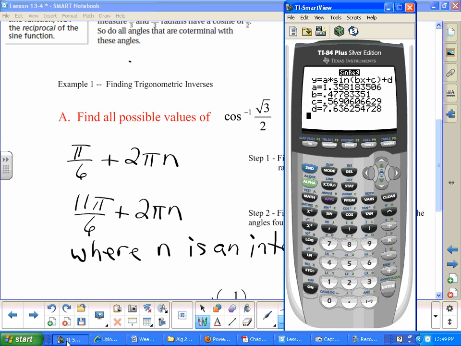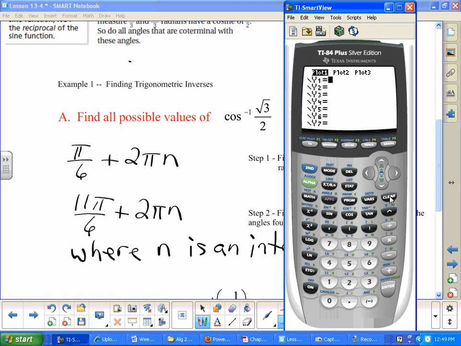If you take your calculator and graph cosine, for this instance, make sure your mode is in radians, not degrees. Check your mode, make sure it's in radians.